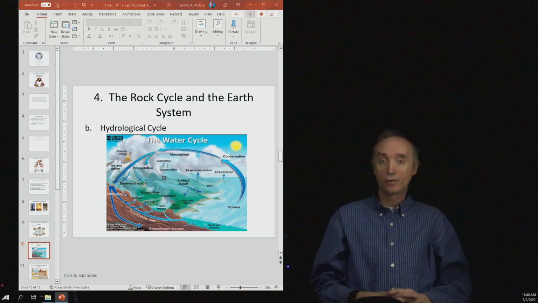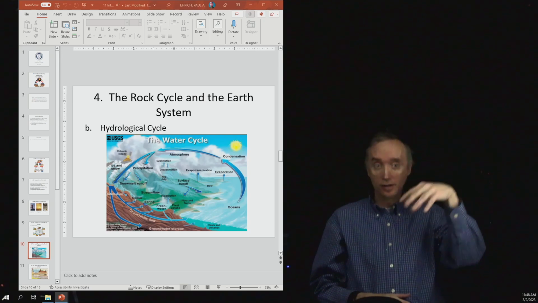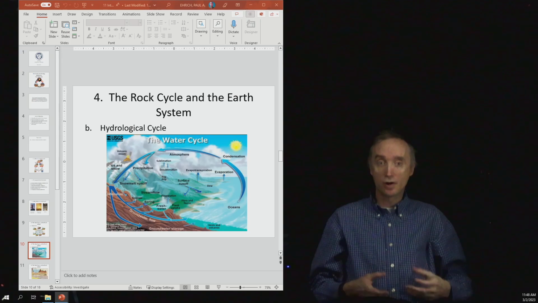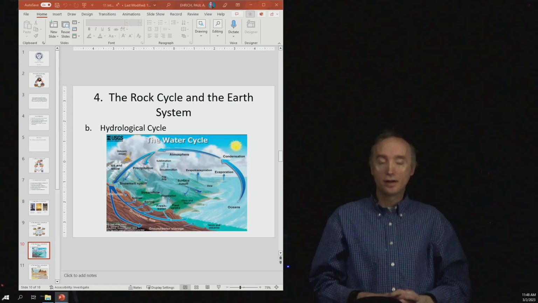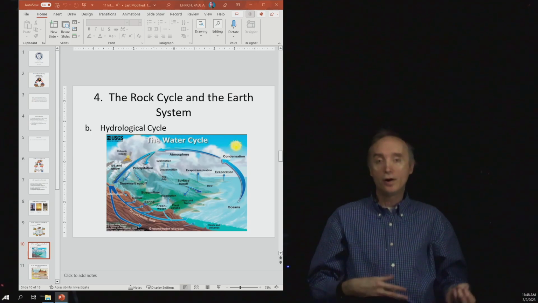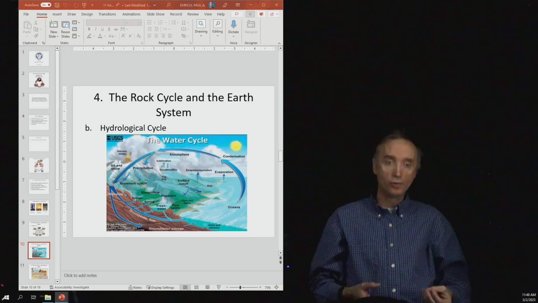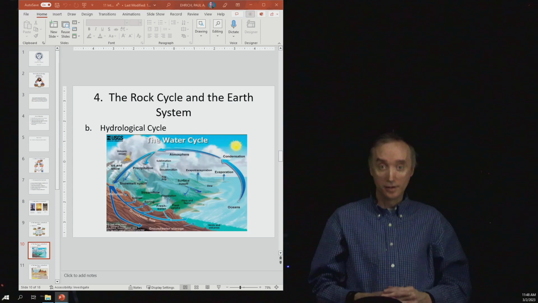We also know that groundwater, when it's percolating through the ground, can dissolve calcite in limestone and leave caves. Another thing is that rocks that contain water are more likely to melt and then come back out of volcanoes as igneous rocks. We also found that water was important in metamorphism. So water is important in all of these different processes in the rock cycle.